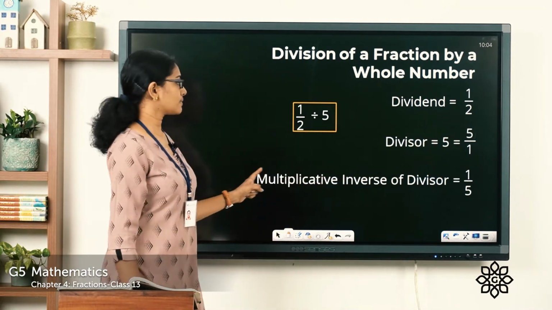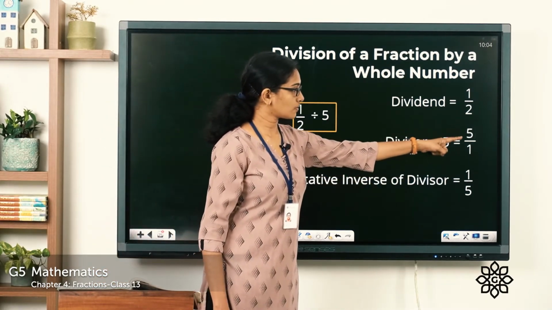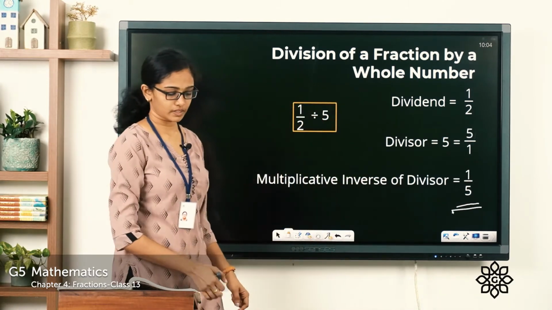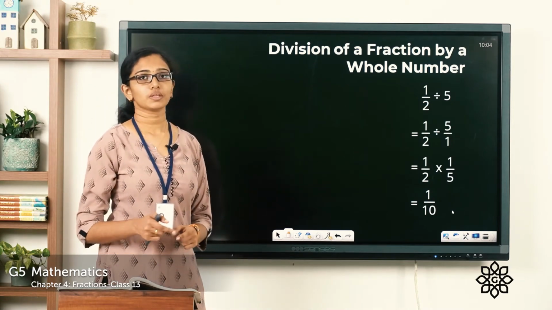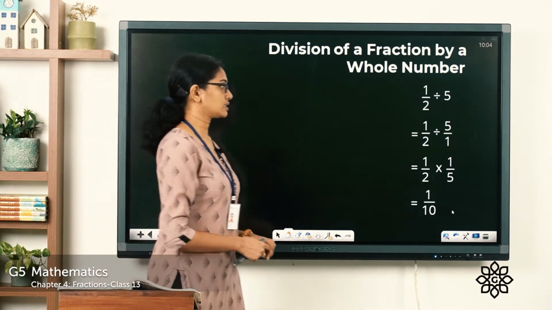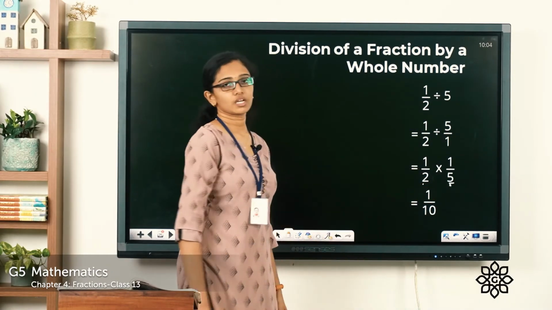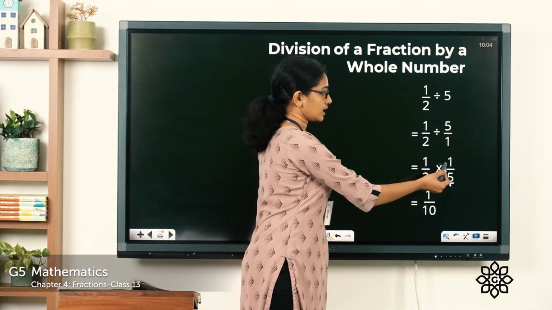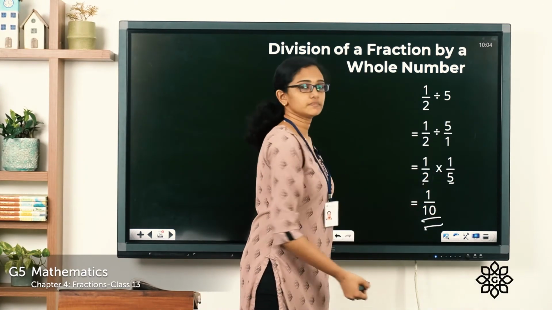So the divisor 5 is equal to 5 by 1. Then we find the multiplicative inverse of the divisor. The multiplicative inverse of 5 by 1 is equal to 1 by 5. Clear? Now the next step is to multiply the dividend with the multiplicative inverse of the divisor. Multiplying these two numbers, 1 into 1 by 2 into 5, is equal to 1 by 10.